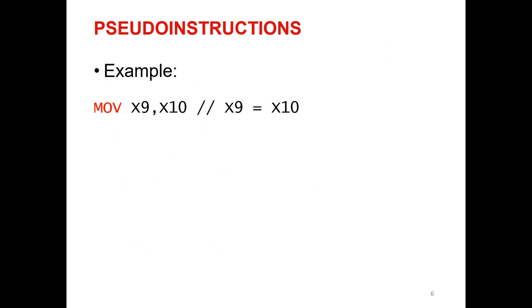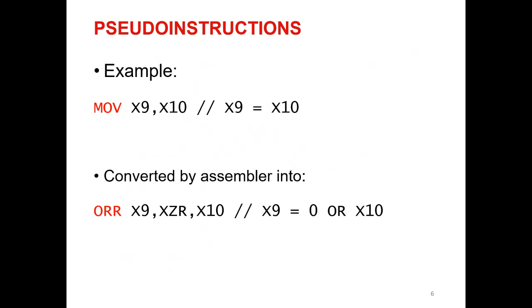What actually is happening is that the assembler is converting this instruction into an OR instruction. Remember that we want to keep our instruction set simple. We don't want to have a lot of instructions because we have limited resources. So this is a way of making life easier for the programmer and also using fewer instructions.